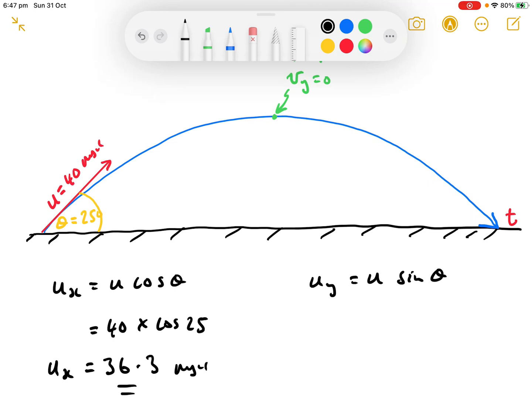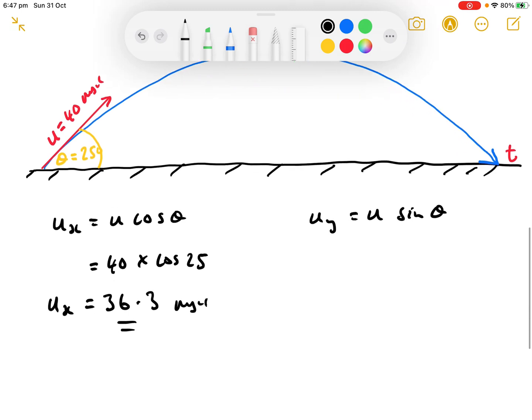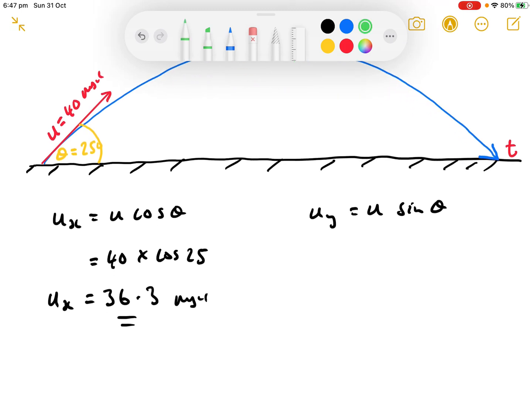So the horizontal component of the velocity is obviously less than the launch velocity, because the launch velocity contains the horizontal and the vertical components combined.